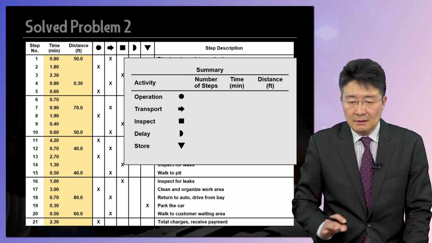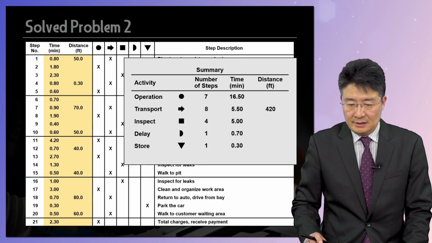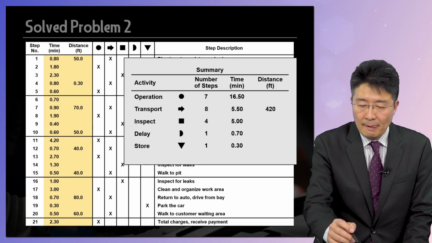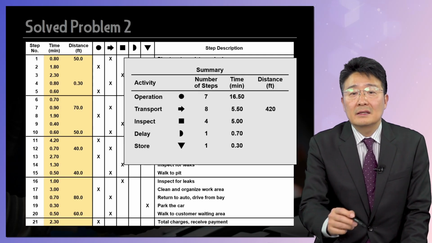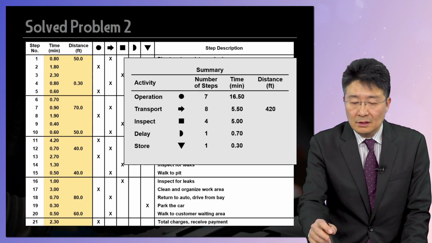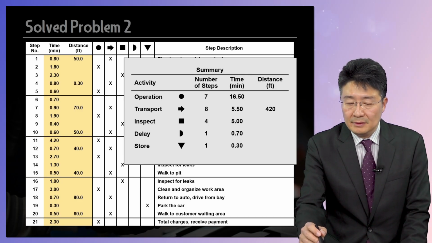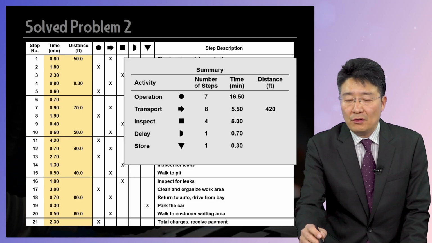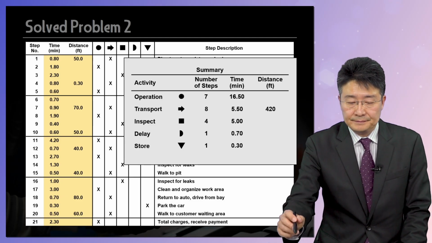And finally, we can get summaries, as you can see. Okay, so for operations, denoted by a circle, the number of steps is 7, the total time is 16.50 minutes. Okay, no distance here.